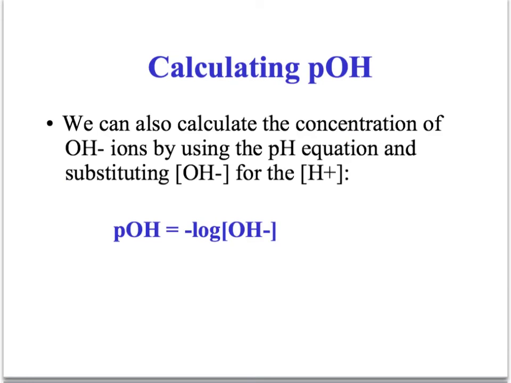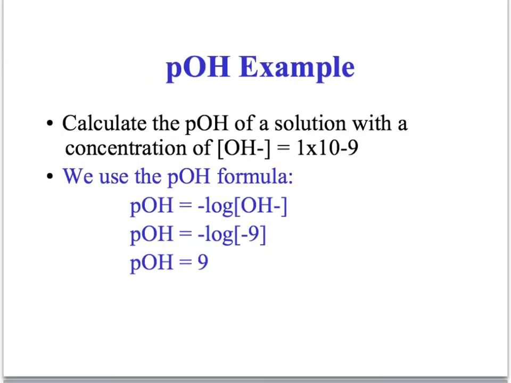Calculating pOH is pretty much the same as calculating pH, except instead of the hydrogen ion concentration, you're going to be using the hydroxide concentration. So you can see it's pretty much the same equation. Here we have an example of calculating pOH.